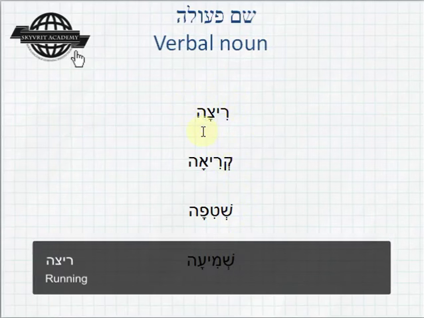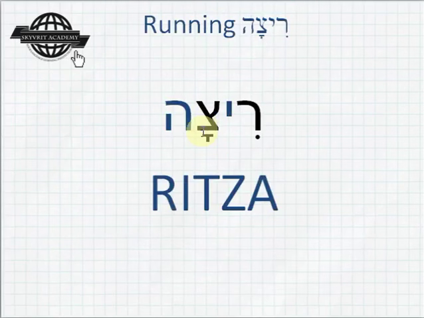Ritza means running. You can see here that we have yud and hey. This yud gives us the sound of e. This hey gives us the sound of a. So we have ri-tza.